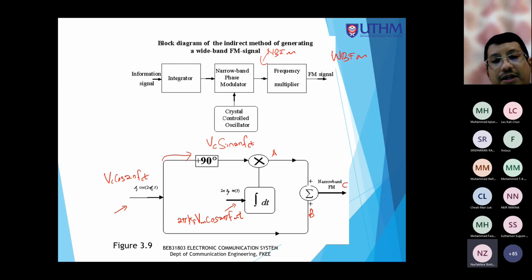And here the integrator will do the integration process. The integral of cos will produce positive sine.